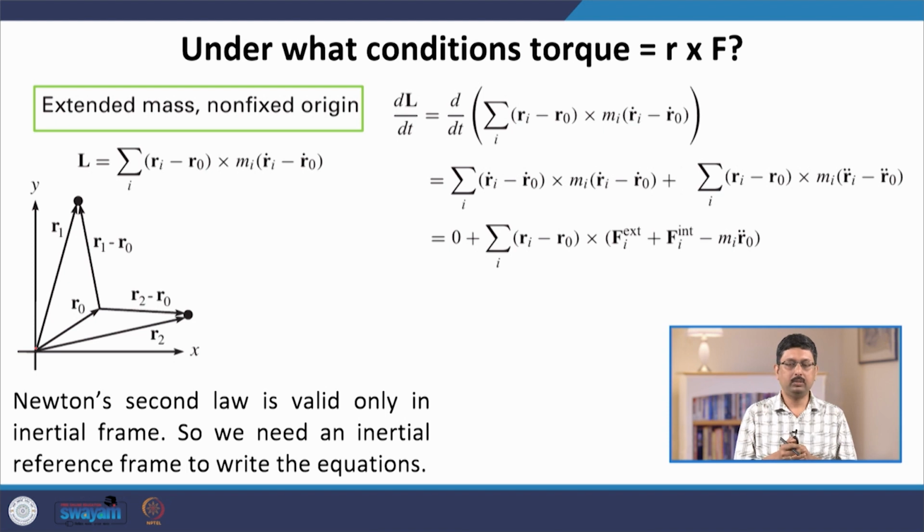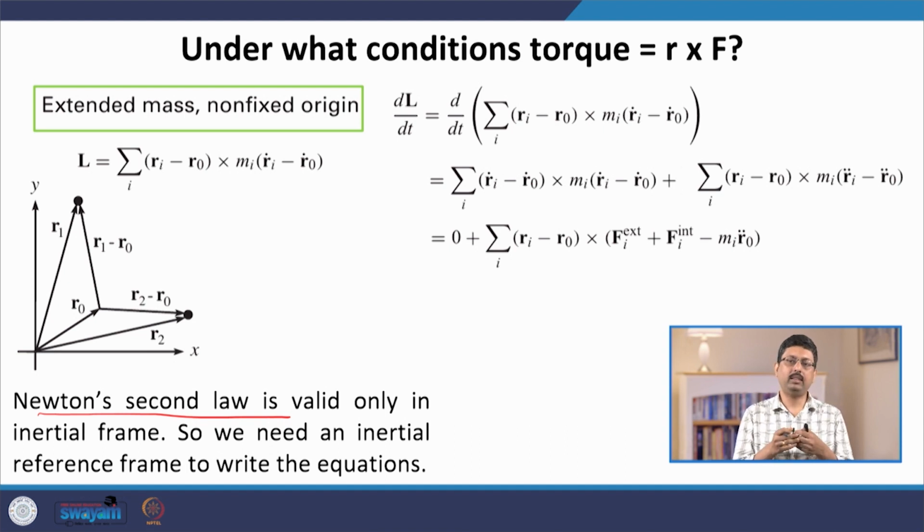That is, we assume that in these frames Newton's second law is valid, and Newton's first law holds: if there is no external interaction, the particles will move with a constant velocity. But now let us assume that our origin itself is moving with respect to some inertial frame. When I say moving, it can move with constant velocity or it can have some acceleration, it can be an accelerating frame.